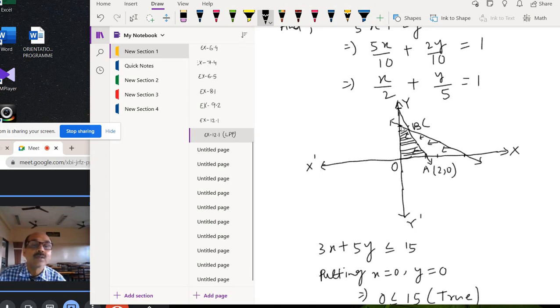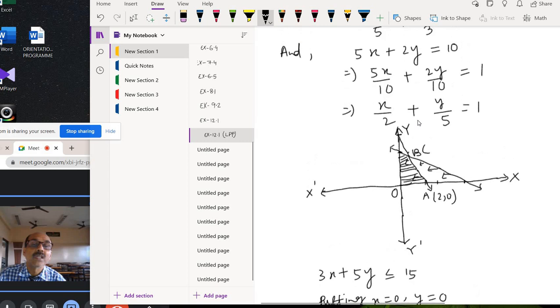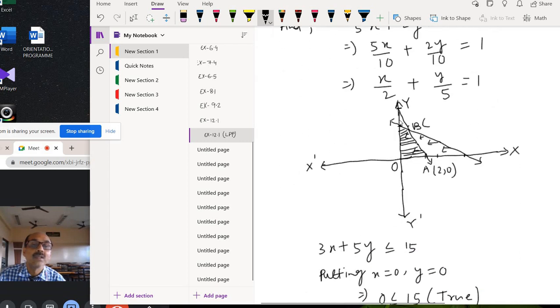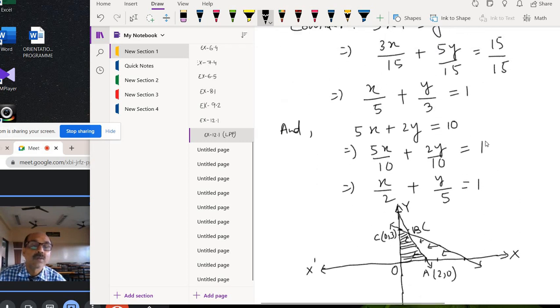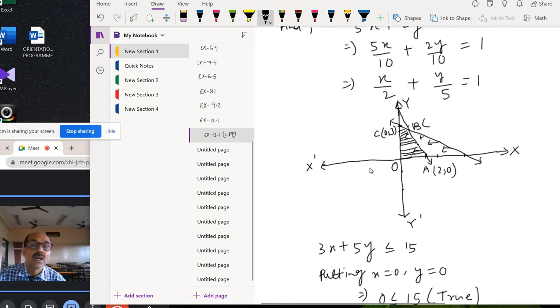And this one is 0, 3; this is C. And the origin is 0, 0.